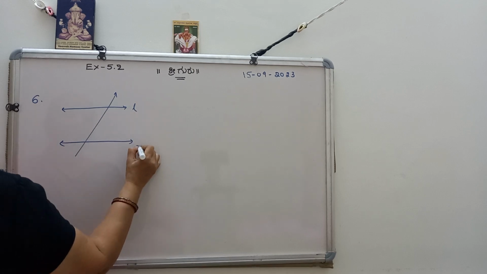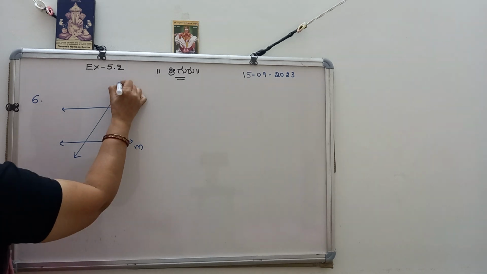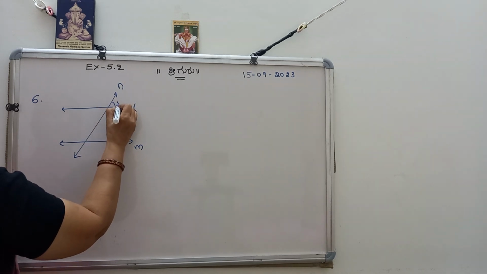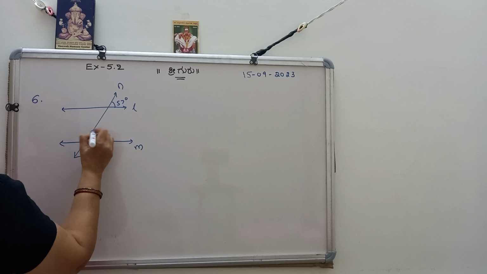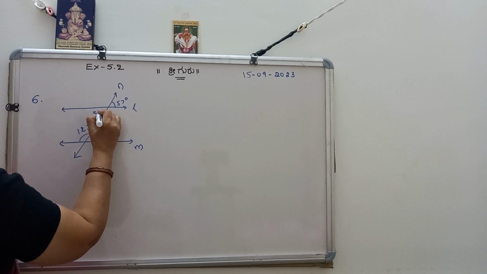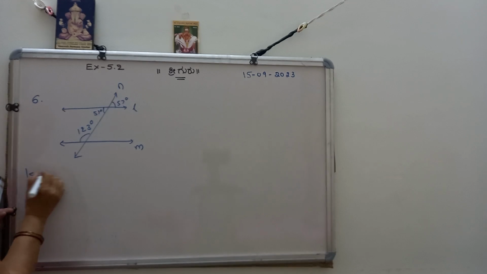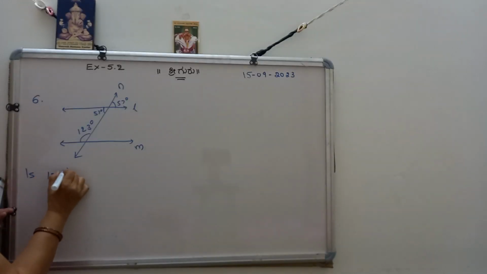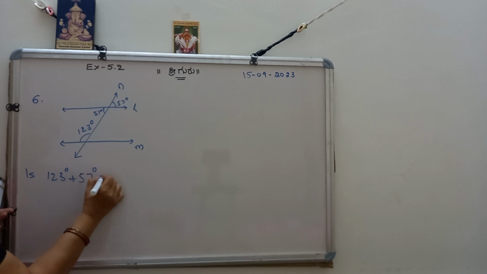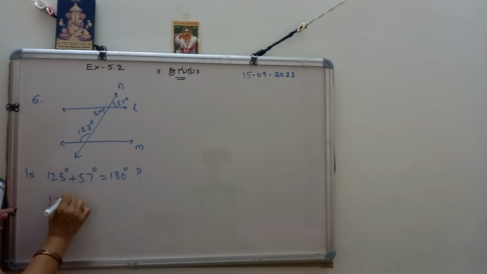This is the line L, and this is the line M, and this is the line N. The angles given are 57 degrees and 123 degrees. Here, this angle is also 57 degrees because vertically opposite angles, and 123 degrees plus 57 degrees is equal to 180. 180 is equal to 180 degrees.